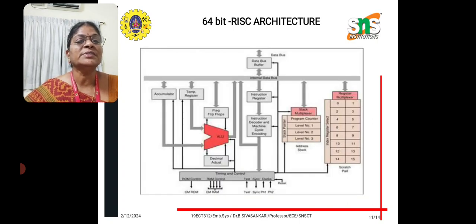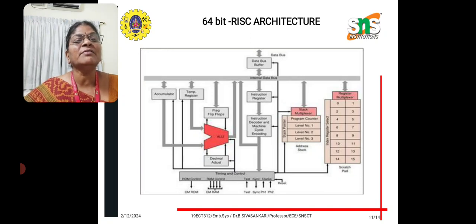So this is the architecture of 64-bit, the general format which we have seen in the previous slide. And this is the 64-bit RISC architecture, which consists of blocks like flag registers, ALU, machine cycle recording, memory address registers, timing and control unit, accumulator, temporary register, data bus buffer.